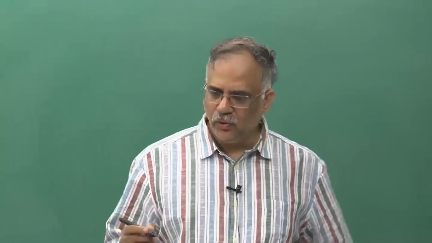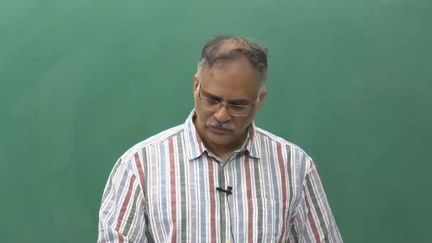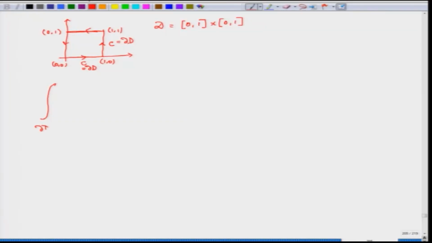So they are asking you, can you integrate on this boundary of D the integral of y to the 4 plus x cube dx plus 2x to the 6 dy.